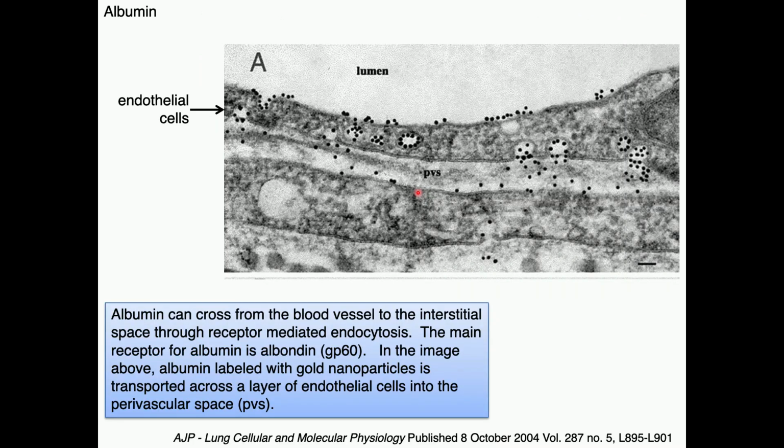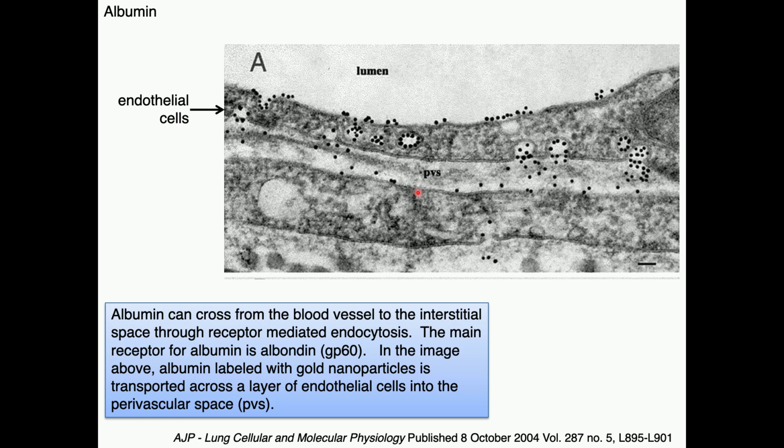That receptor is called GP60 or albondin, and this feature allows the albumin to transit across an endothelial cell and then concentrate in that interstitial area.